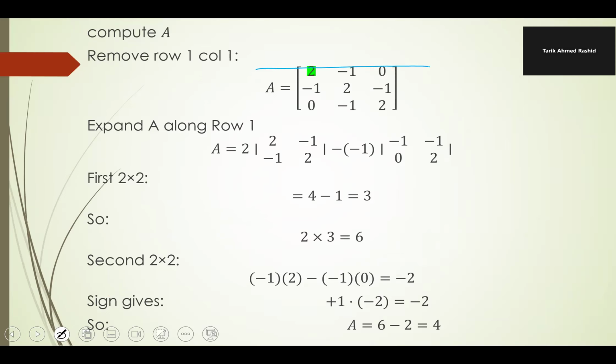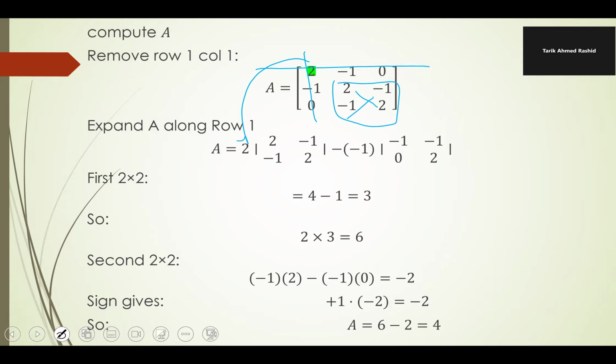Remove this and remove this. So 2 is this 2, multiplied by this part. Okay, so 2 multiplied by 2 and minus 1 multiplied by minus 1 multiplied by 2.